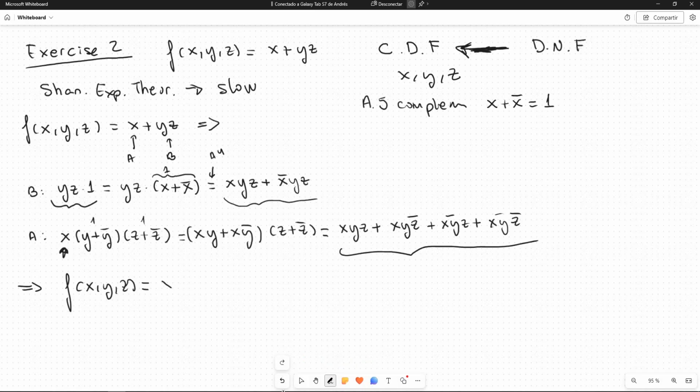Sorry, the X has become this, and the second term, the B term, has become this.